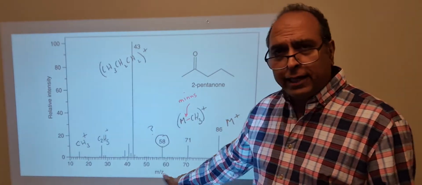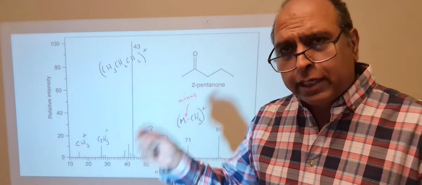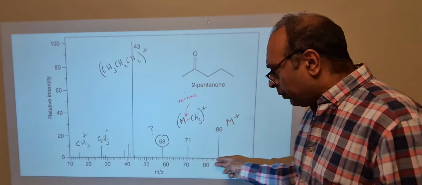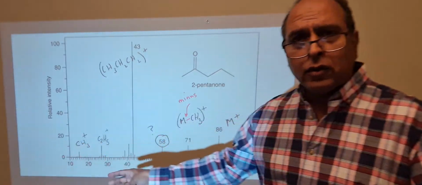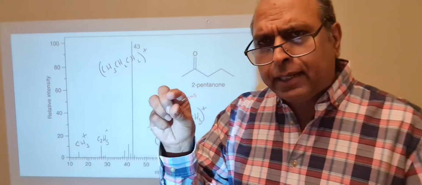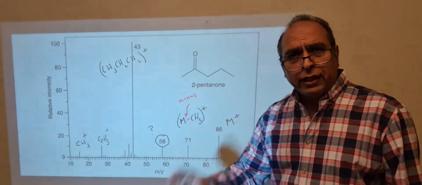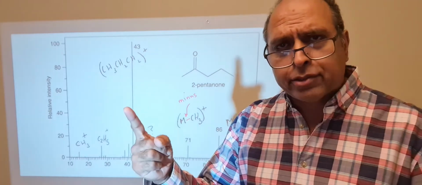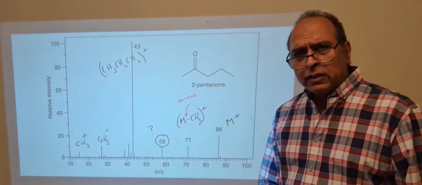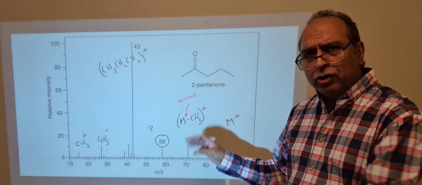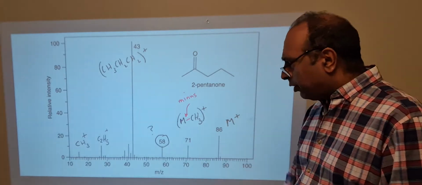You're hoping that the z is 1. If the z is 2, then the numbers would be half these values. Occasionally we get a tiny peak at half the value we expect, and that's because the charge is 2 plus and not 1 plus. But the majority of the ions are 1 plus, and therefore we can go about trying to identify them.